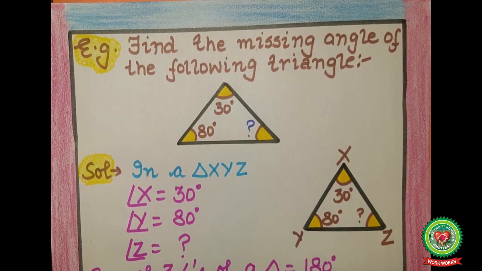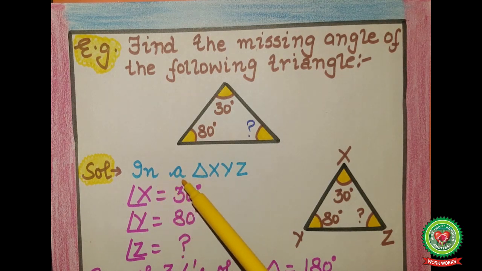So while doing solution, first step is draw figure and second step is give naming. Let's suppose this is X, this is Y, this is Z. So we will write here in a triangle XYZ, because I have given naming X, Y and Z.